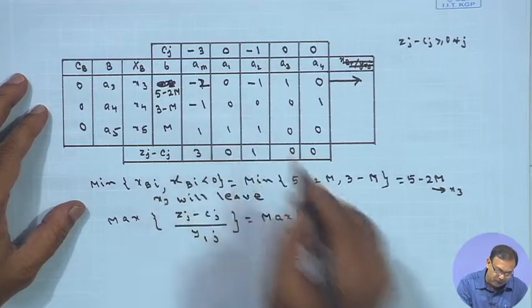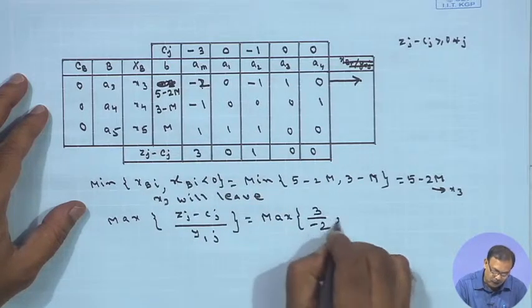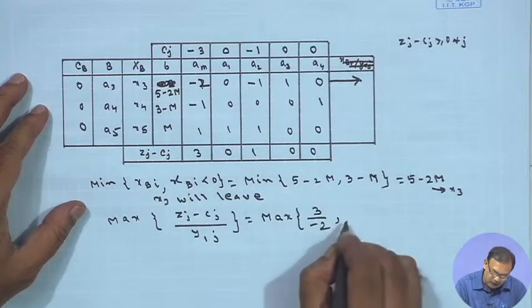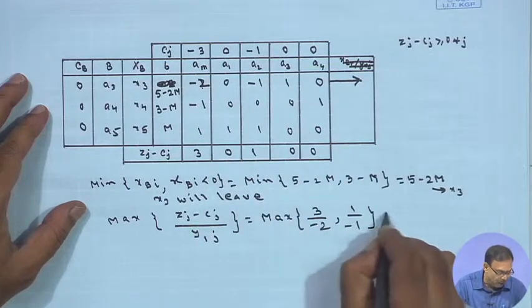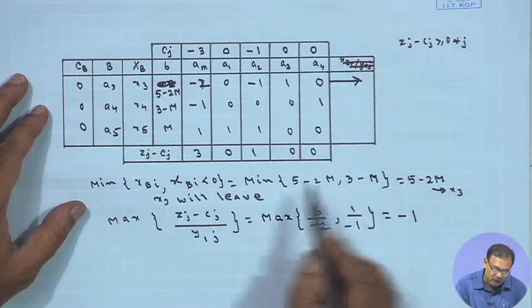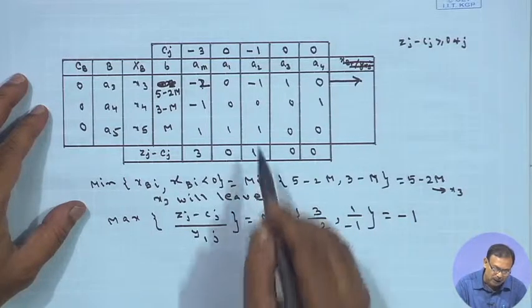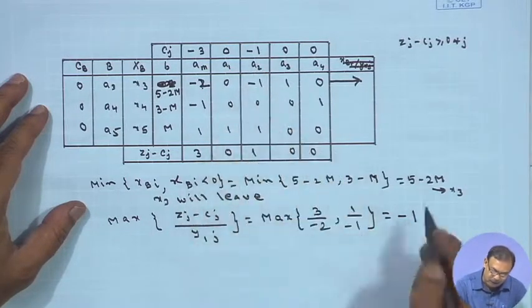So, it is 3 by minus 2 and the next one is 1 divided by minus 1. So, the minimum is minus 1, and minus 1 is occurring for which variable? This is for x2.